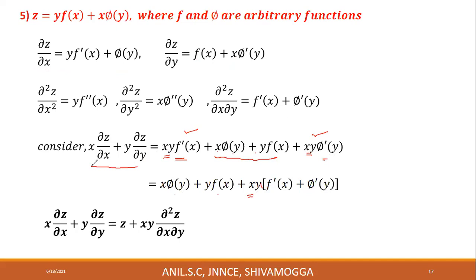Therefore, x into del z by del x plus y into del z by del y is equal to x into phi of y plus y into f of x, which is the given expression. x into phi of y plus y into f of x is denoted by z. It is substituted: z plus xy into f dash x plus phi dash y. f dash x plus phi dash y is del square z divided by del x del y. This is the partial differential equation.